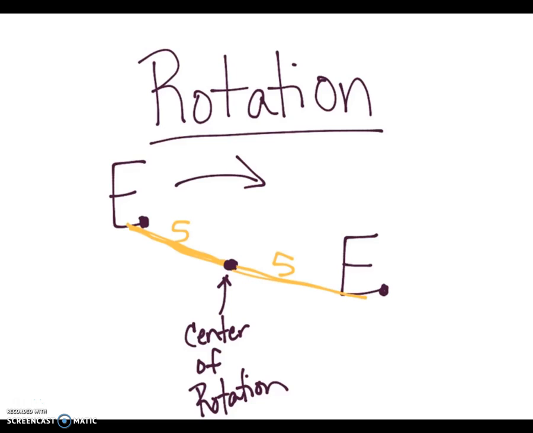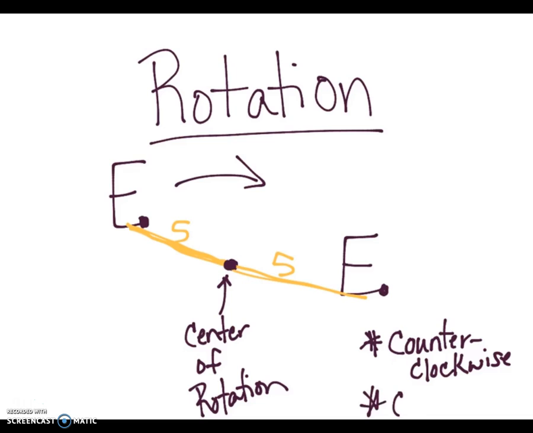Last piece of information on this one. Rotations can either be clockwise or counterclockwise. Remember, it goes backwards, sorry. And so you just have to be sure you're paying attention. Some books automatically say, unless it says otherwise, then it's always going to be clockwise, or unless it says otherwise, then it's always going to be counterclockwise.